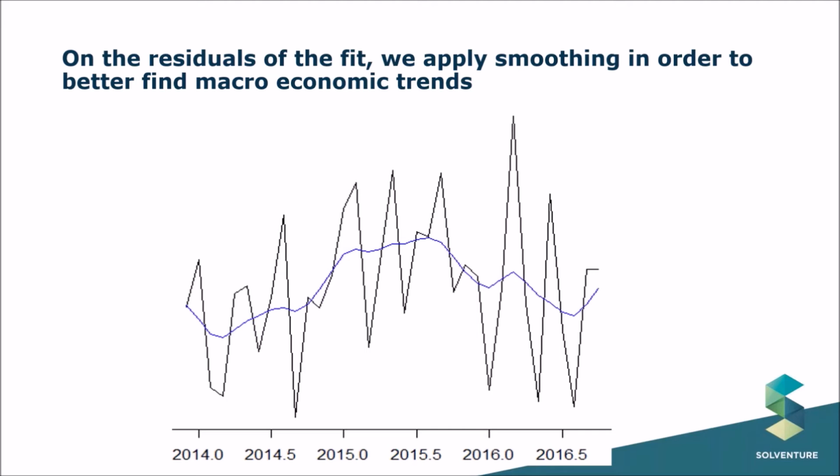And if you take it off, you are able to reveal the underlying macroeconomic trends. Once you reveal the underlying macroeconomic trend, we can make a macroeconomic forecast, as we have shown in the beginning of this presentation.